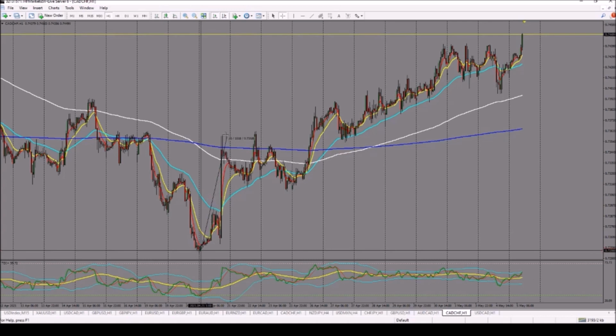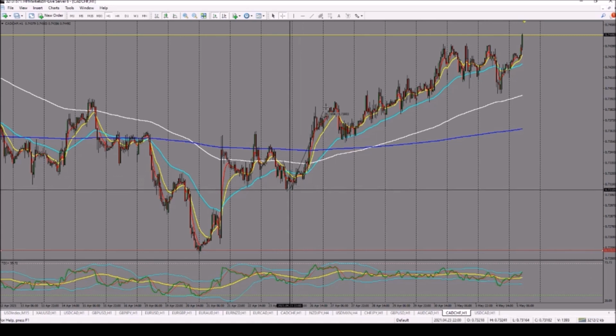We had 102 pips, plus then the second wave from this point to that point, it's 78 pips, right, which is 180. Both these waves have 180.